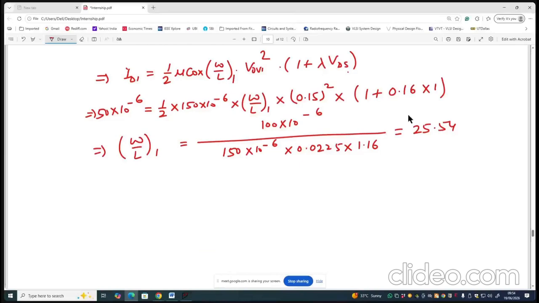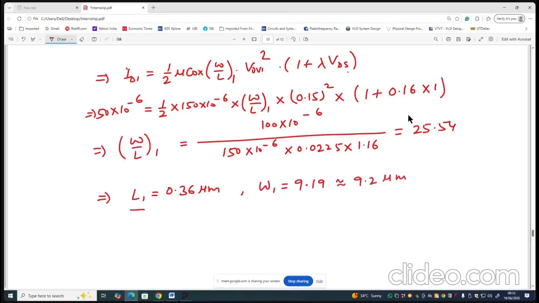So from here we got, say, length of transistor 1 is equal to 0.36 micrometer, and width of the first transistor will be 0.36 into 25.54, which comes out to be 9.19. So I will approximate it to be 9.2 micrometer.